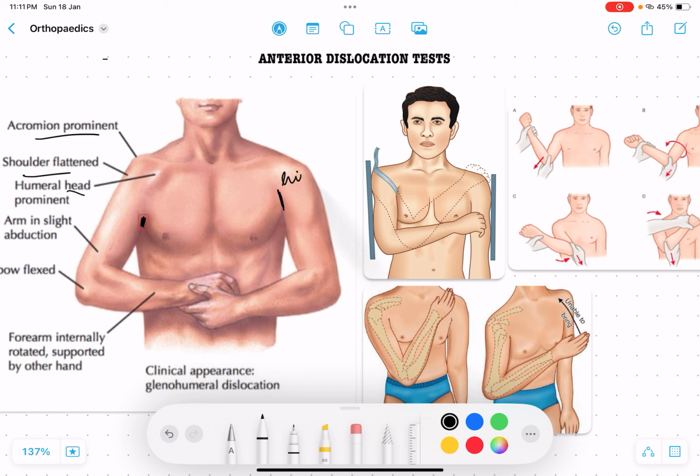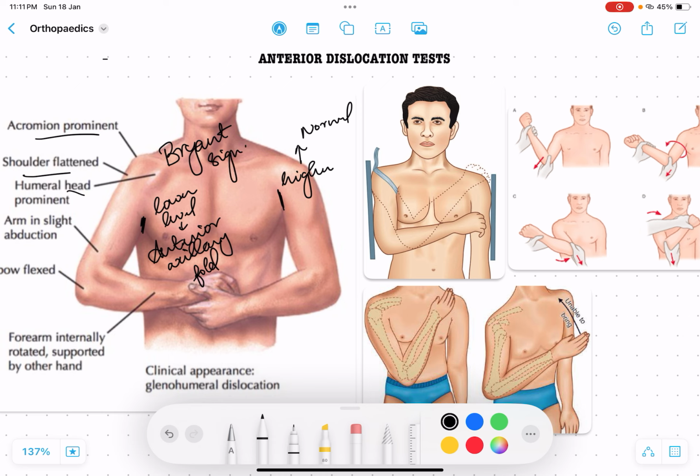The higher side is normal, but on the dislocated side it will be at a lower level. Lower level of anterior axillary fold is called Bryant's sign.